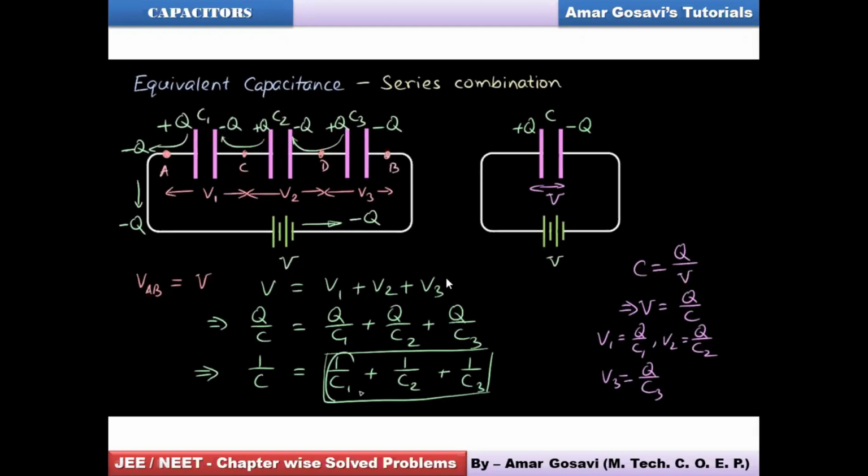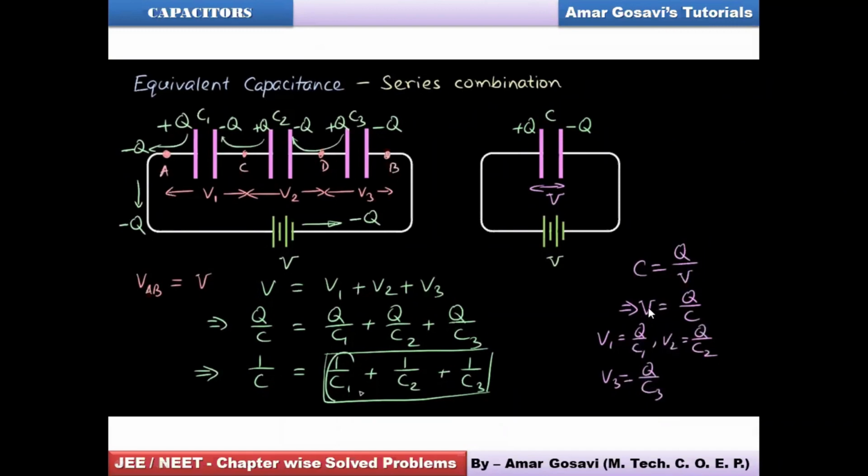Had it been n number of capacitors, you could have generalized it for n. But then let's get back to the basics. Okay, we all know C is given by Q by V. So from this, can we say V is equal to Q divided by C? Then subsequently, I can say V1 would be equal to Q by C1, V2 would be Q by C2, and V3 will be Q by C3.